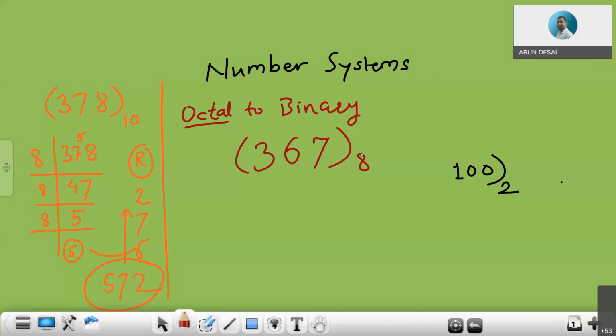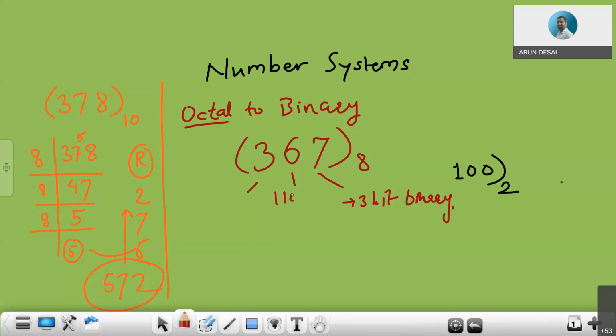The other way also, you convert those digits into 3-bit binary and club all those binary numbers together. You will get a binary equivalent for 367.